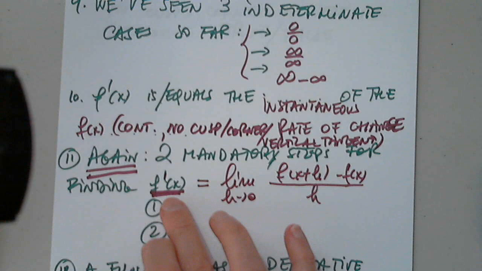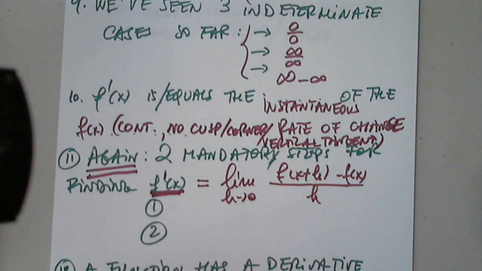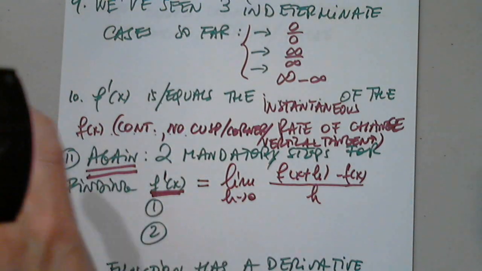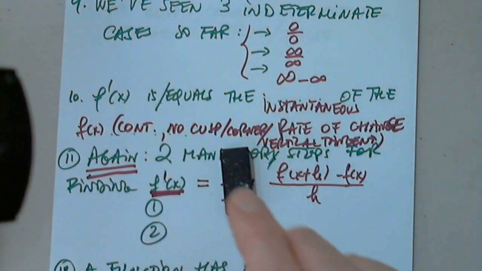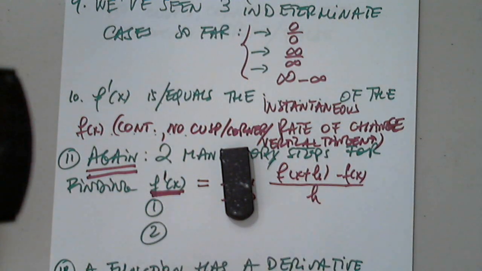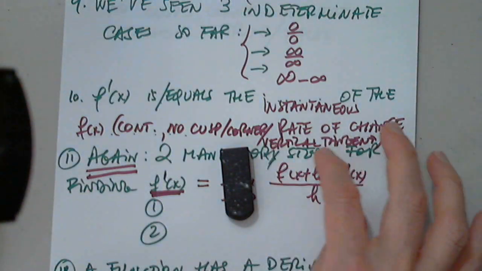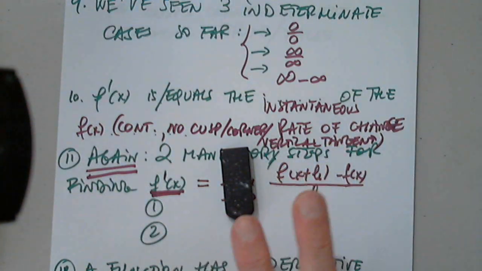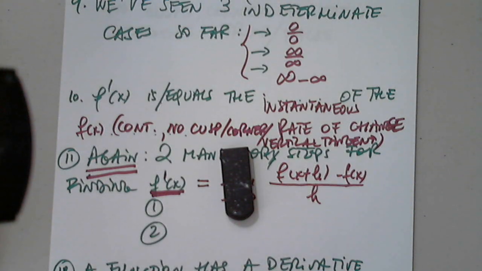Two things have to happen here. So forget about the limit for a moment. For the difference quotient, what are those two? For any function, when we determine the difference quotient, two things have to happen. The variables must cancel?